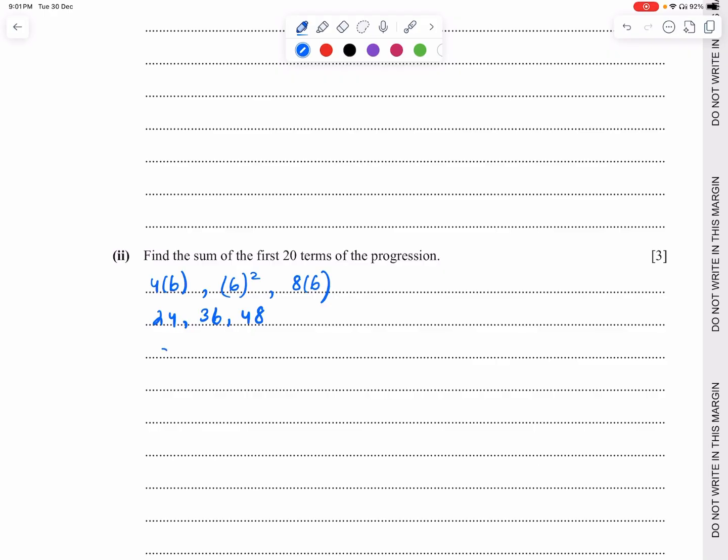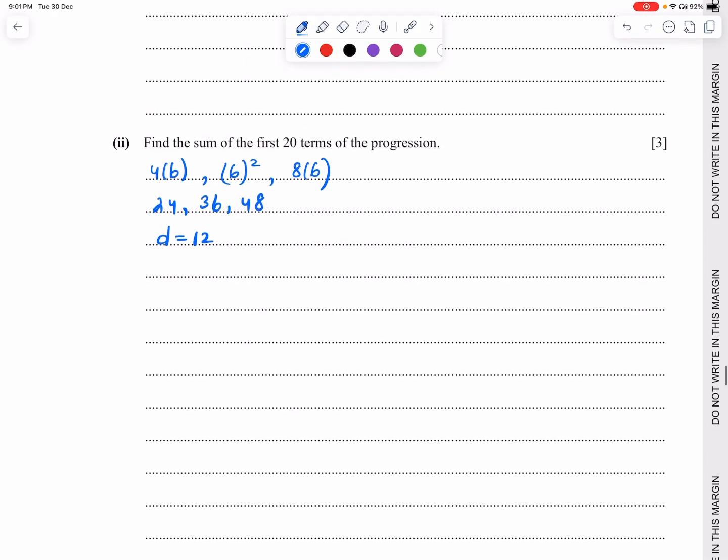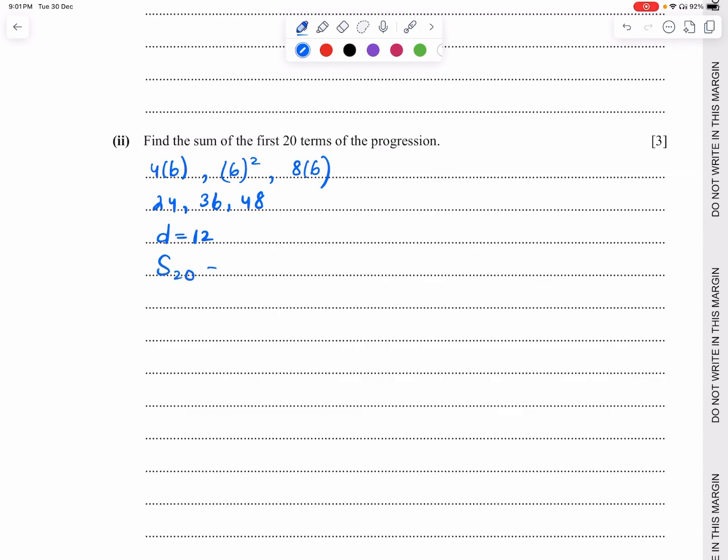This means that the difference is 12. In order to figure out the sum of the first 20 terms, I'll just use a simple formula. This is, by the way, also given in your formula sheet that is provided to you in your exam. And that is going to end up with 2760.